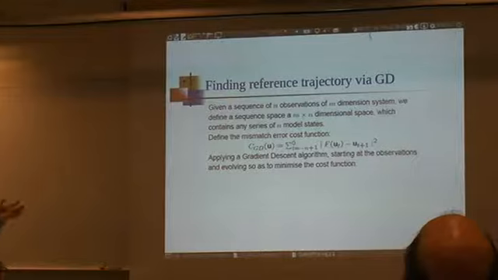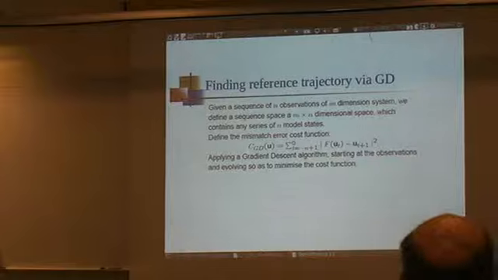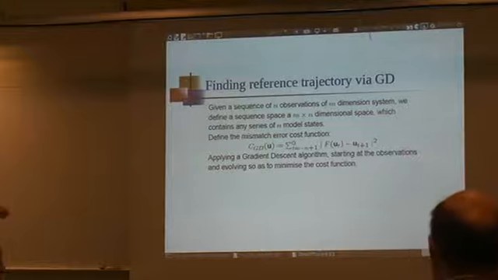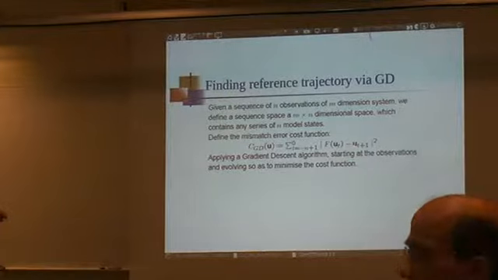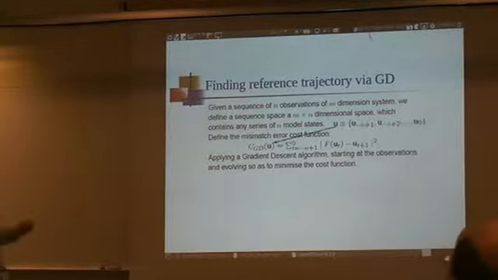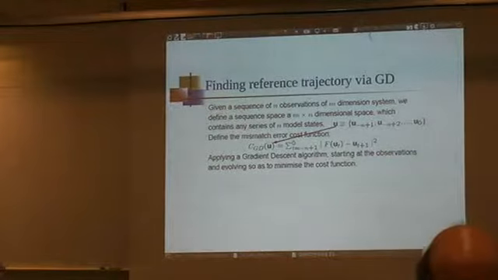This sequence space contains any series of model states. Then we define a mismatch error cost function, which is basically the function forward image minus the state in the sequence space. For example, here we define mu to be one of the series of model states in the sequence space.